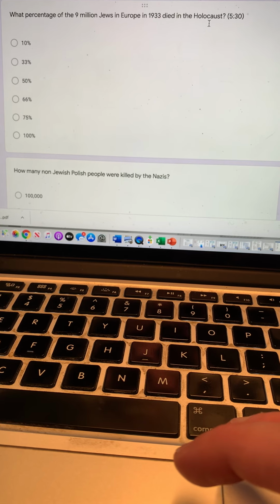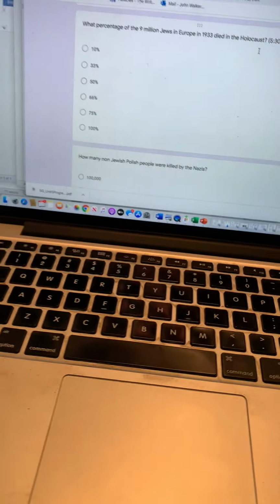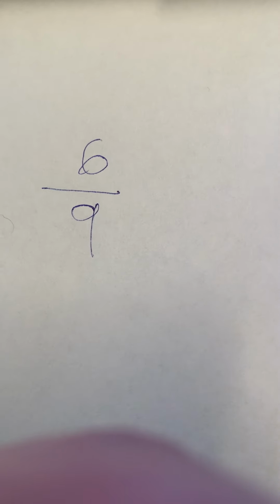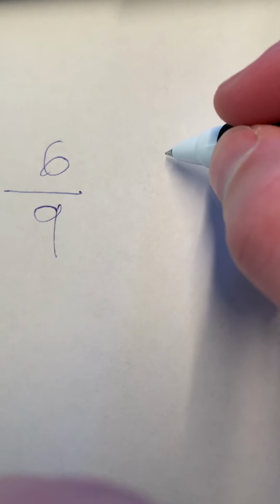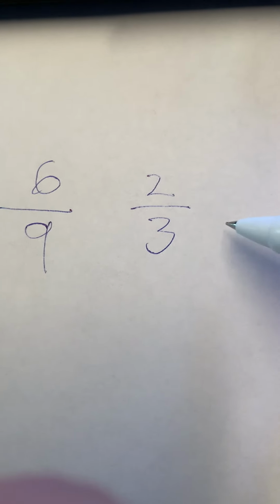Well, this is a percentage problem. 6 million Jews died in Europe, so 6 out of the 9 million Jews who lived in Europe died. What percentage is this? Let's reduce: 3 goes into 6 two times, and 3 goes into 9 three times. How do I make this into a percentage?